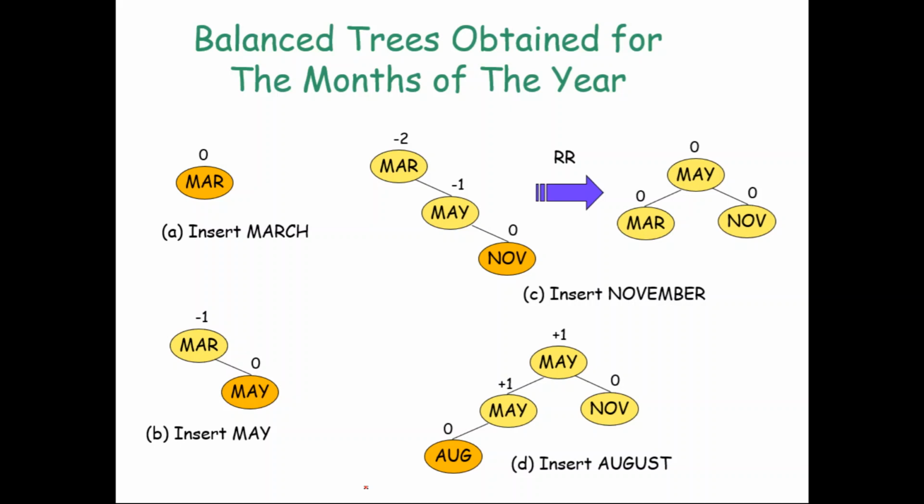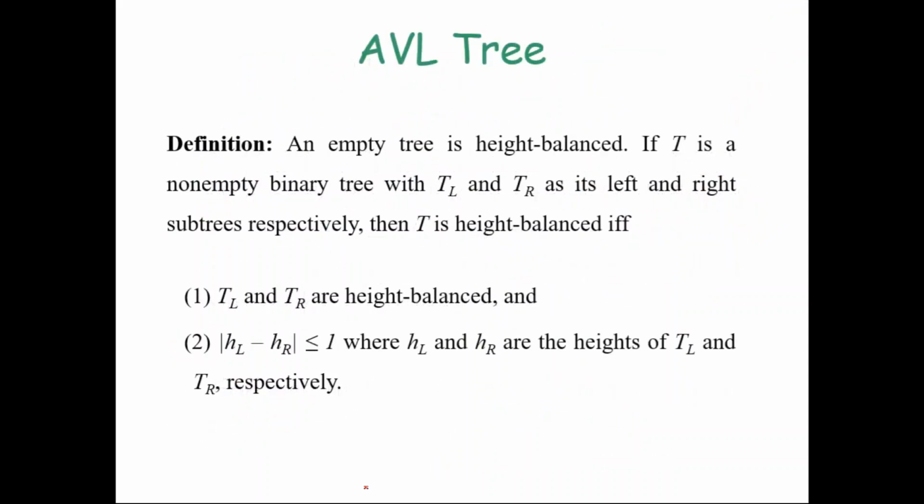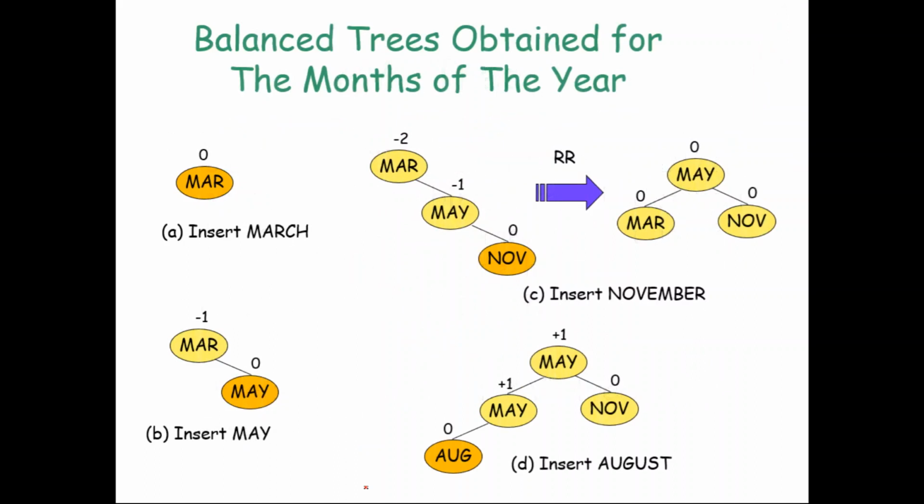Let us take this case. Say for example, we want to insert values into the binary tree. First we insert March, into the empty binary search tree.